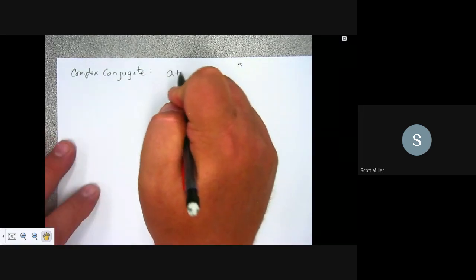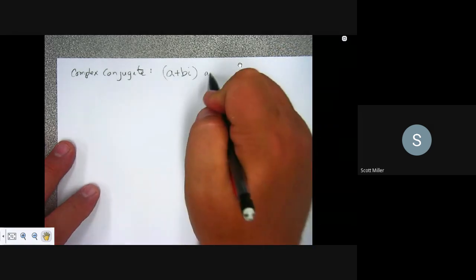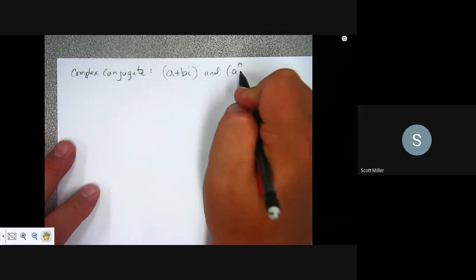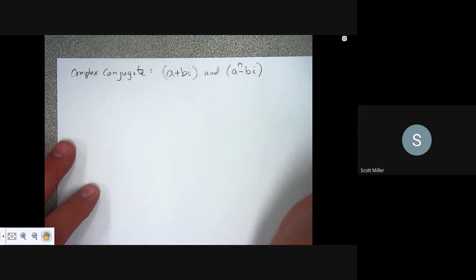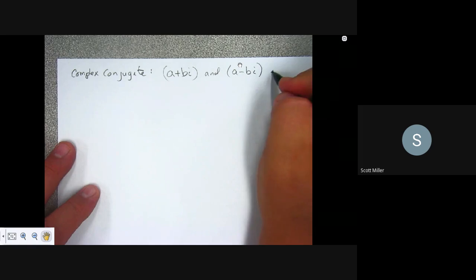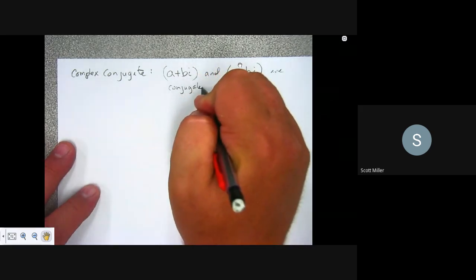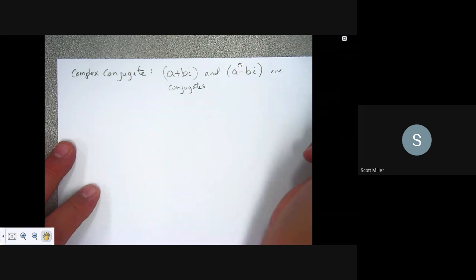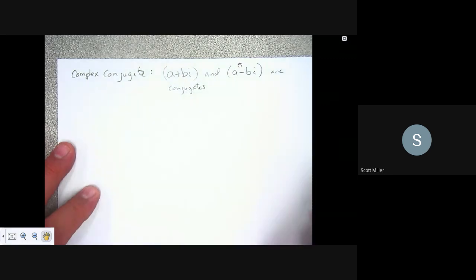So here is a complex number. Its conjugate is basically that. So you just change the sign in the middle. Okay? These are called conjugates of each other.